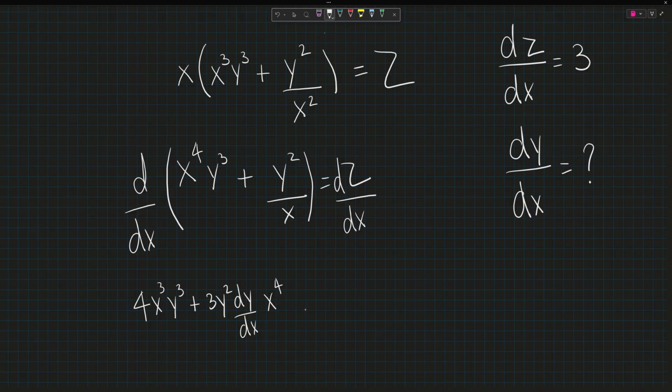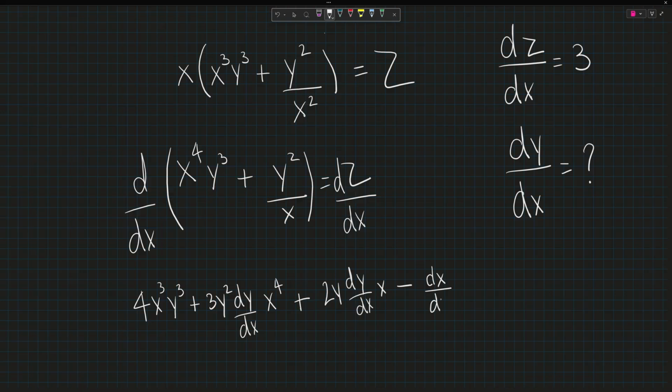Okay, now we do quotient rule here. Okay, quotient rule, let's go. When we do quotient rule, derivative of the top, 2y dy over dx, it's x times the bottom, minus derivative of the bottom, that would be just dx over dx.